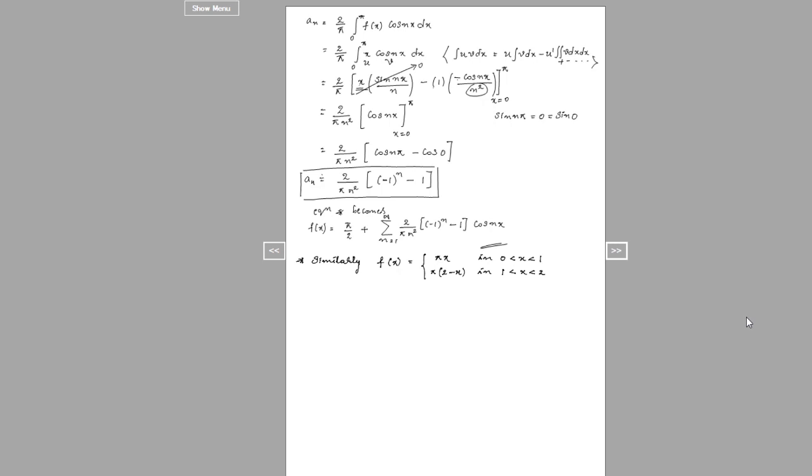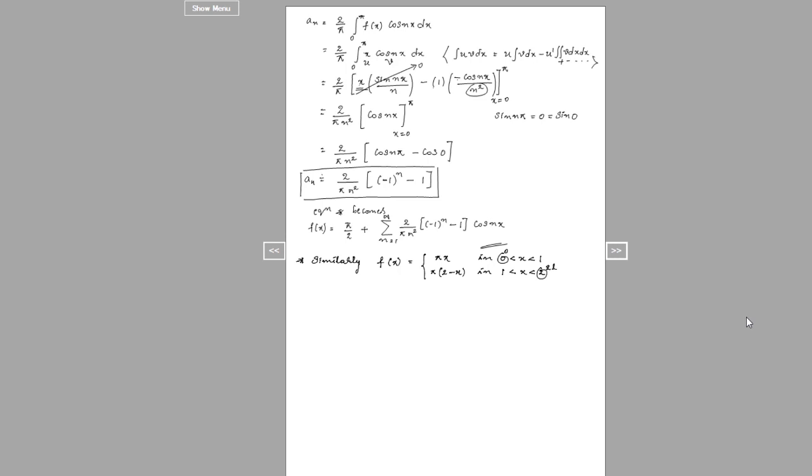Now this is an arbitrary constant period 0 to 2l. We apply the same property to verify even or odd function: change x to 2 minus x and solve the problem.